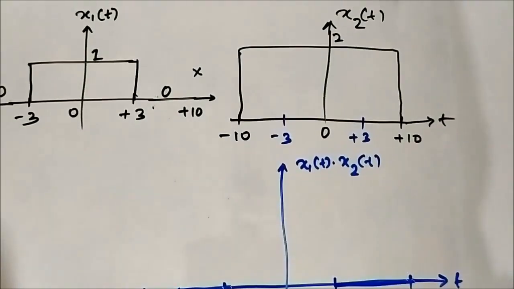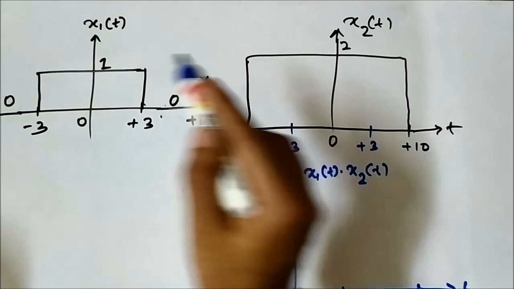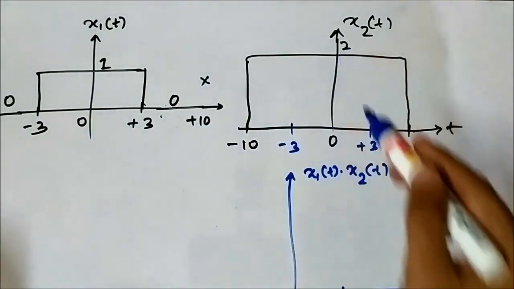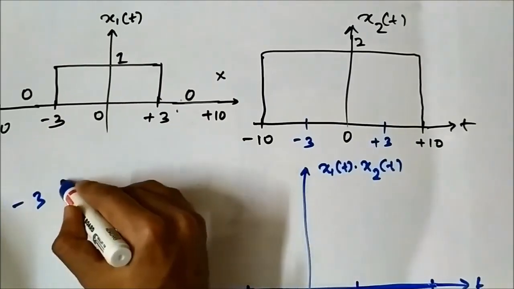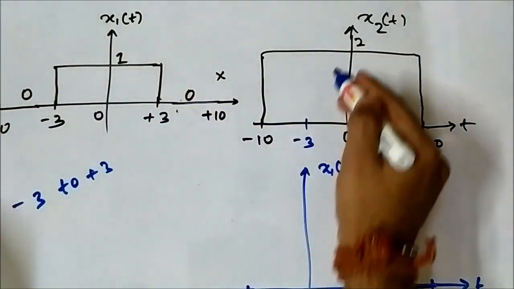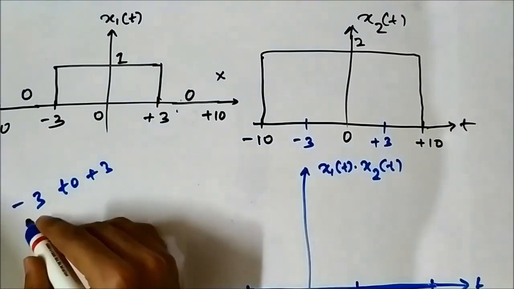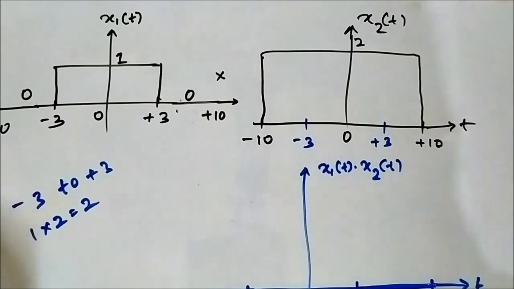Now from minus 3 to plus 3, x1(t) is 1 and x2(t) is 2. So in this interval we will multiply x1(t) into x2(t), means 1 into 2, which is equal to 2.